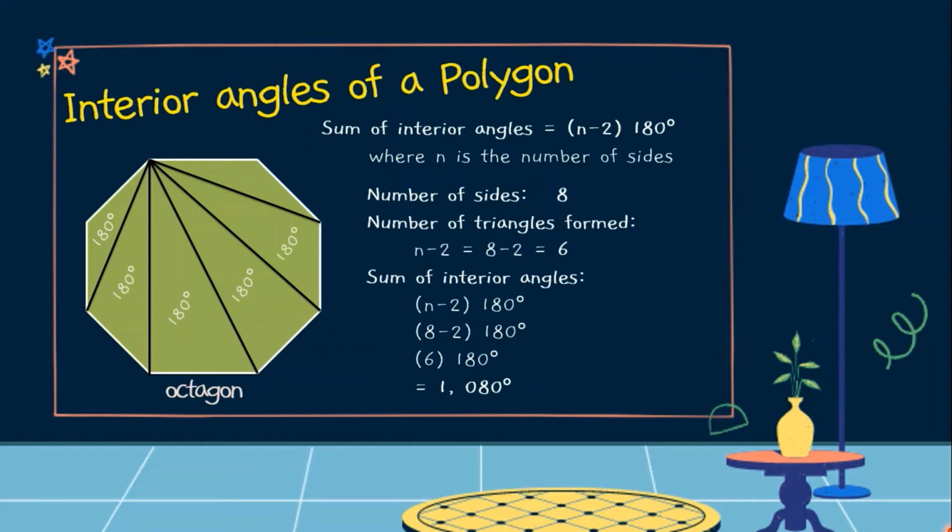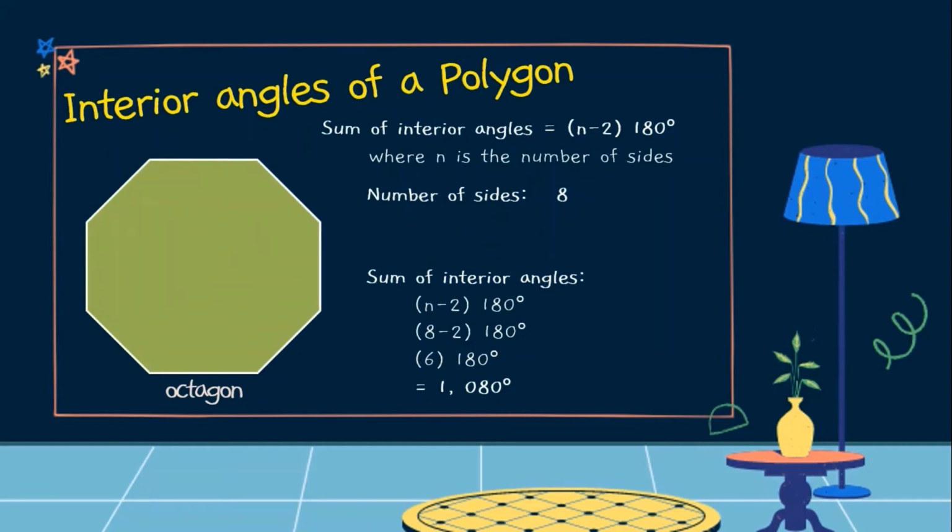Checking it with each triangle that we're able to form, if one triangle is equal to 180 degrees, multiply them all together, meron tayong 6 triangles, multiply to 180, we're able to get 1080 degrees.